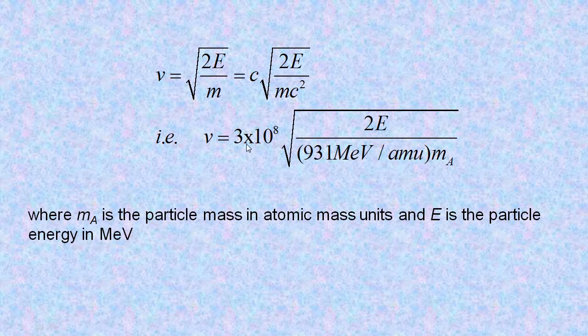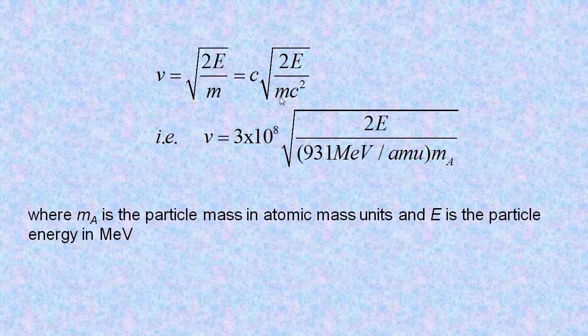You can now substitute the value of c as 3 into 10 raised to 8. And this mc square is the energy equivalent to mass. It will normally be in joule when you consider this m in kilogram.